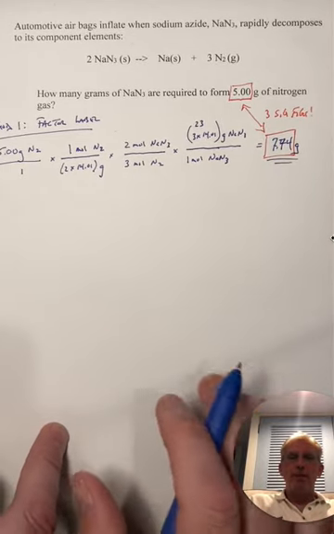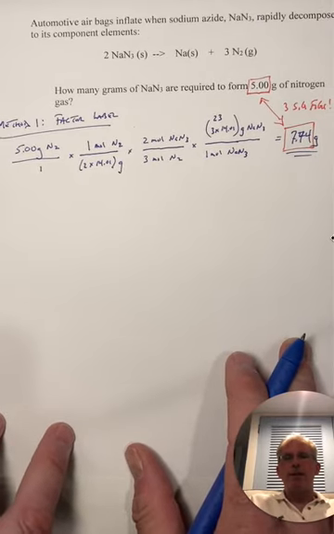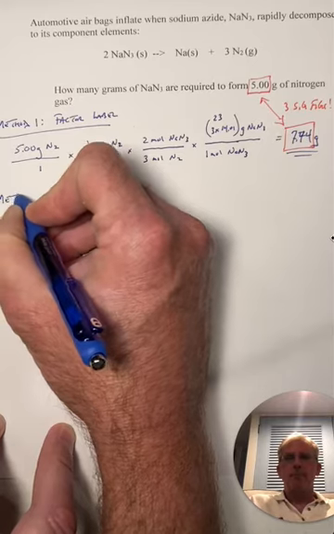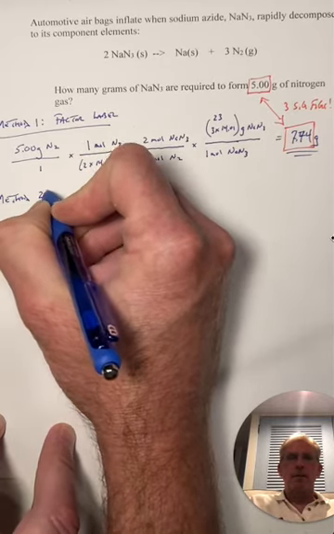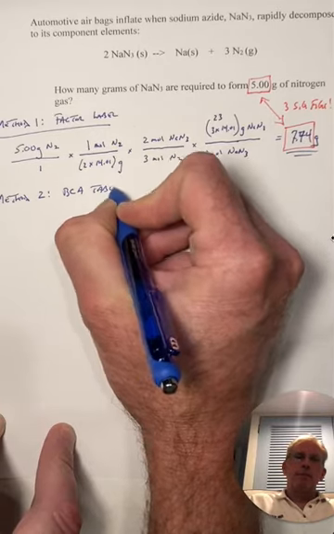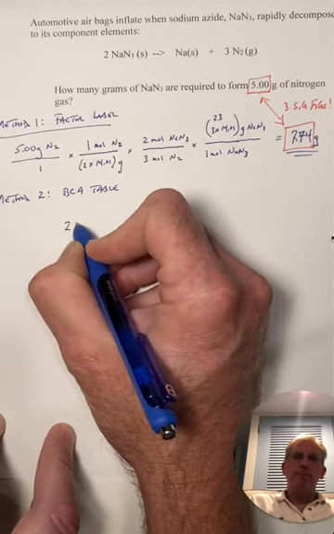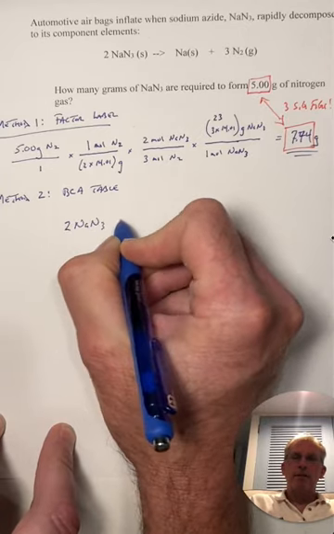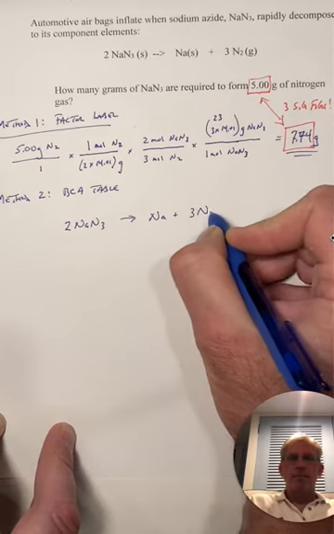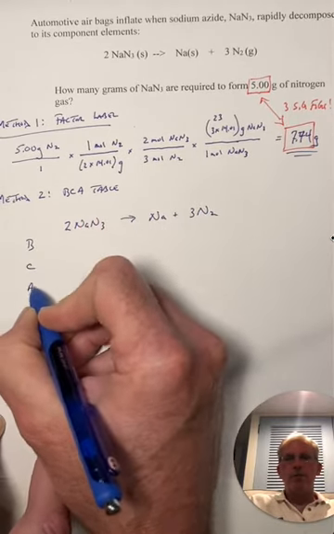Let's move on to method 2. Method 2 is going to be our BCA table again. So I rewrite my chemical equation, and I write my before, my change, and my after.